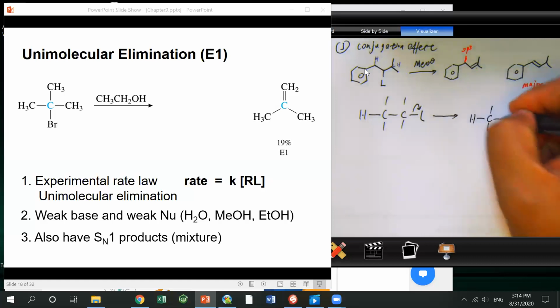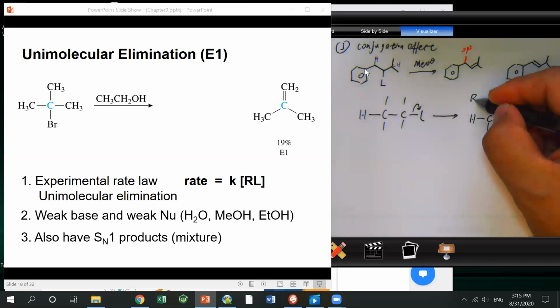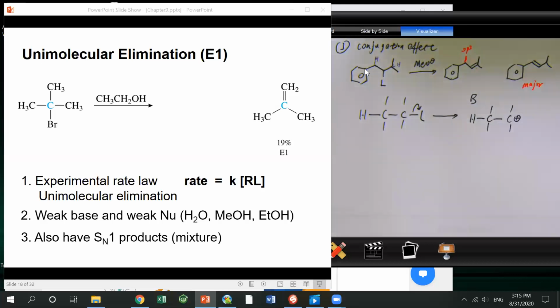Then you generate the carbocation, and at this stage the base comes in. Normally the base is a neutral molecule, so I use B to represent it. Because of the carbocation, the beta hydrogen is a little bit easier to push away.